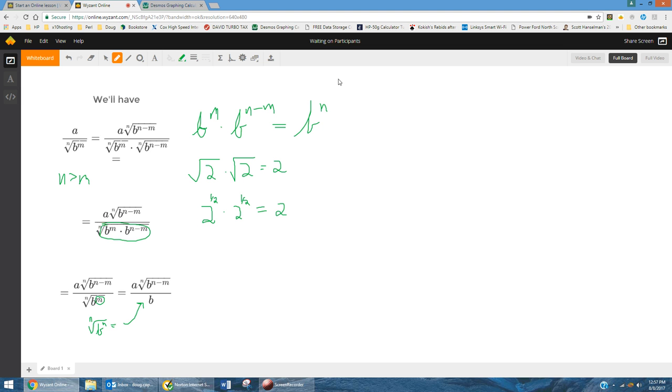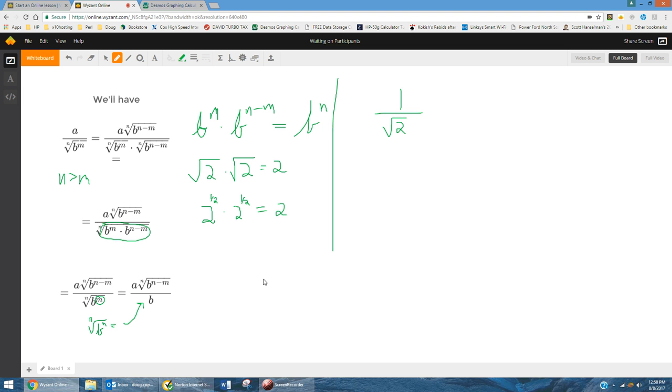So to talk about rationalizing the denominator, let's start with a very simple one. Let's say I had 1 over the square root of 2. In the old days before calculators, we used to rationalize denominators so that we could find a decimal approximation for this expression.